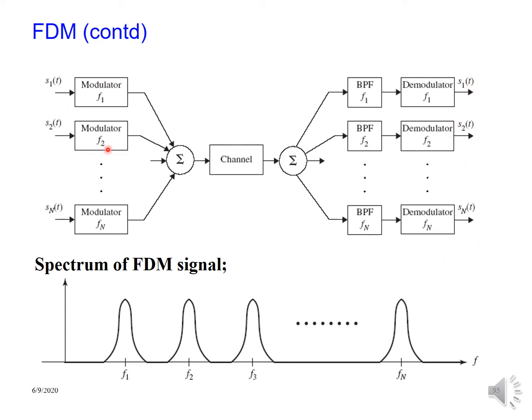So a combination of these different frequencies into one, we call multiplexing. And if we differentiate by frequency, it means we are using frequency division multiplexing. Now we see that between F1, F2, F3, we also have these guard bands.